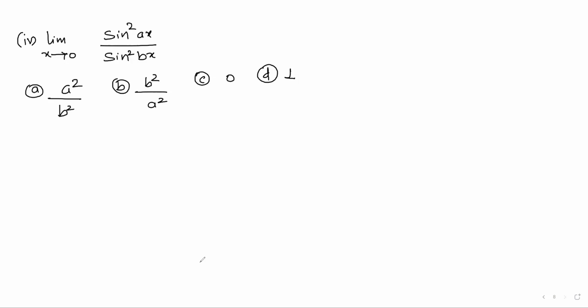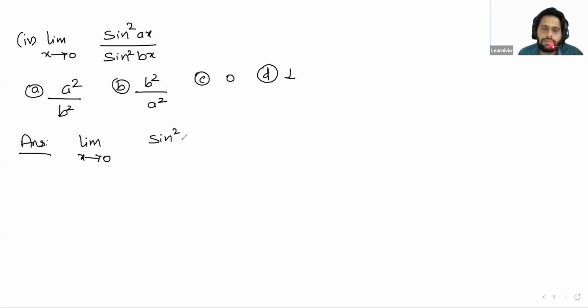Same way method. Okay. Okay, so in this case, this is limit x tends to 0, and this is sine square ax by sine square bx.